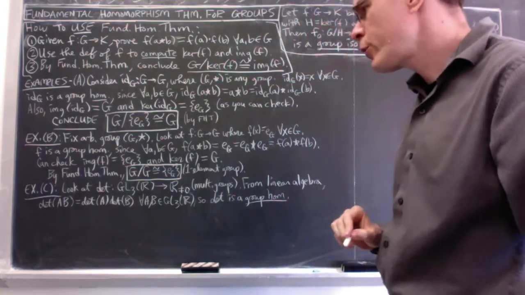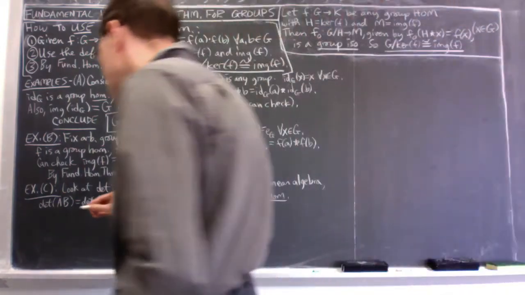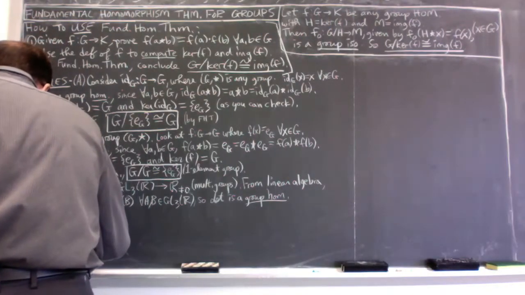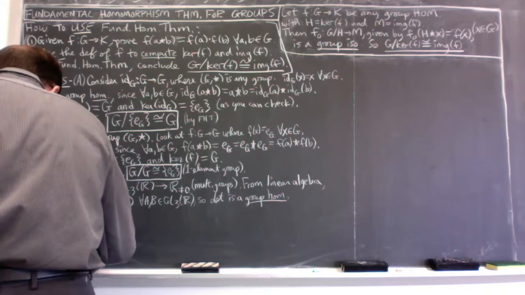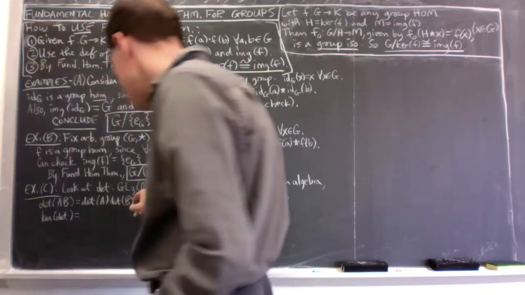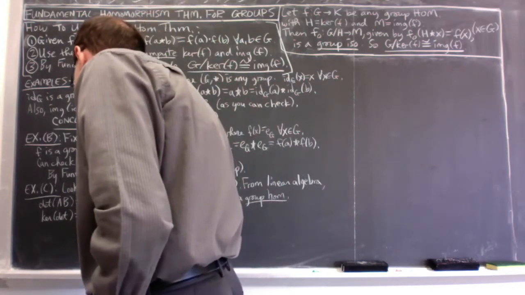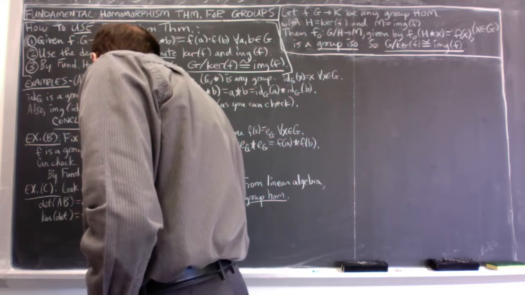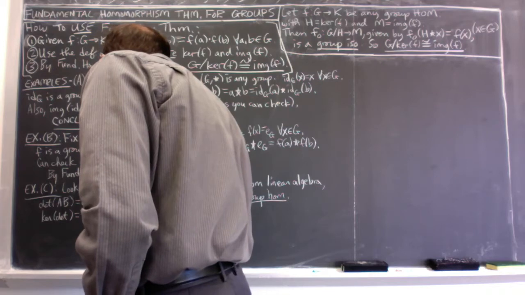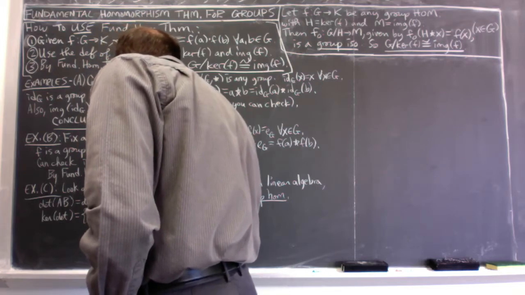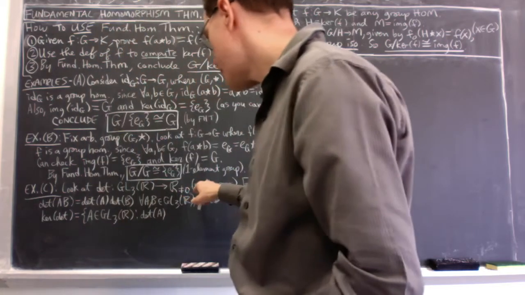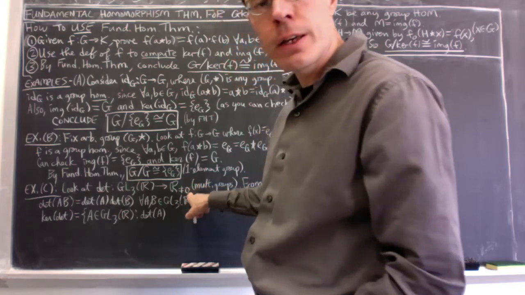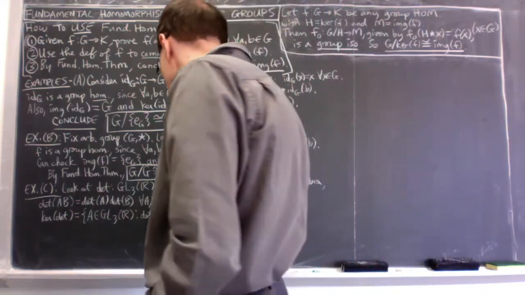And all right, so here the kernel, I think this might have been an example before, but let's just remember, the kernel of the determinant map with this domain, by definition, is the set of all A in GL3 of R, such that when you do the determinant, you get the identity of this group, which is 1.